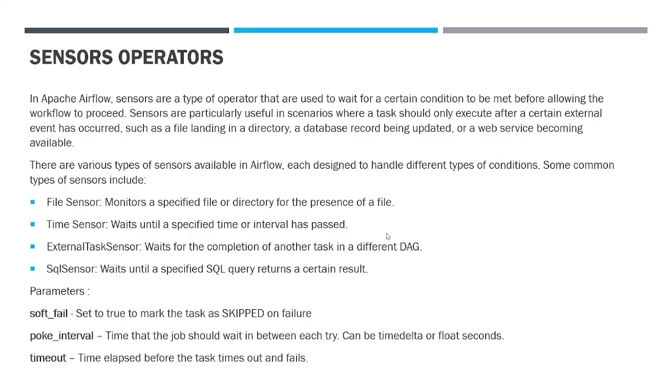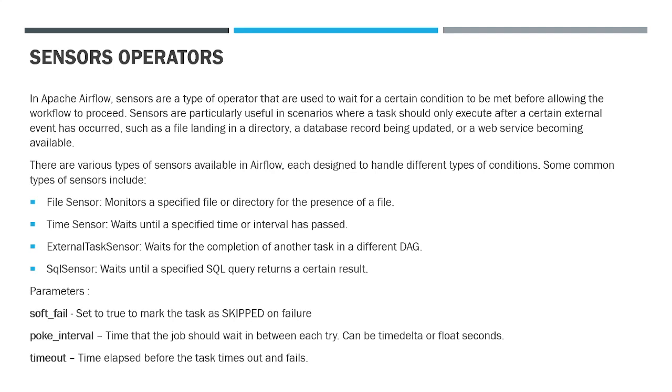Welcome back. In today's video, we are going to discuss the sensor operator in Airflow. Sensors are a type of operator that is used to wait for a certain condition to be met before allowing the downstream task to run. When a sensor operator is called in a workflow, it checks for the particular condition to be met.